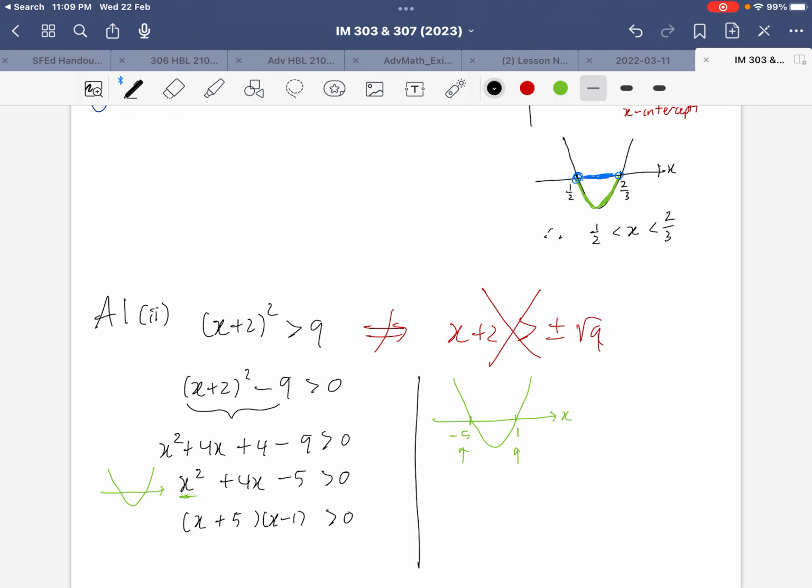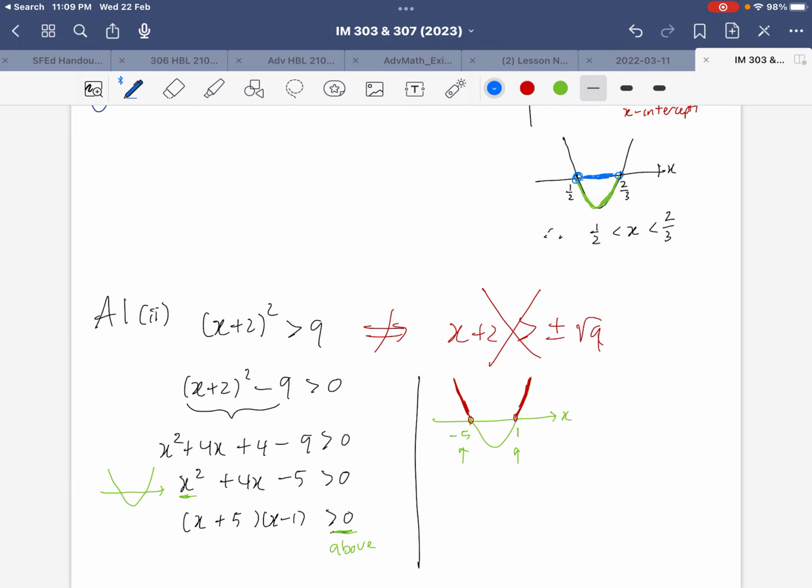Okay, so now the next step is I want the case when it is bigger than 0, which means compared to the y equals to 0, it has to be above. Where is it? Actually from here onwards. Okay, and then from here onwards. Yeah, I put a hollow over there because it doesn't include the negative 5 or 1. Okay, slightly above those. So what's the x?